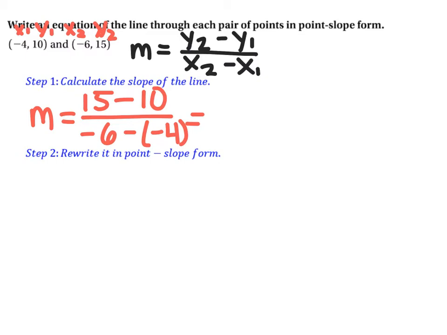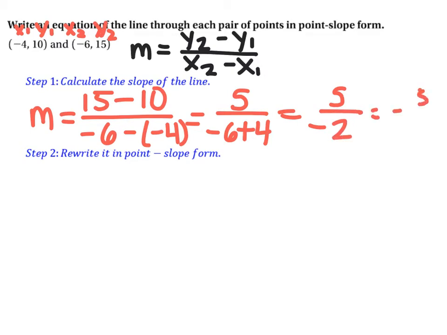If I simplify, 15 minus 10 gives me 5, and this becomes negative 6 plus 4. This will become 5 over negative 2, which I could rewrite as negative 5 over 2.